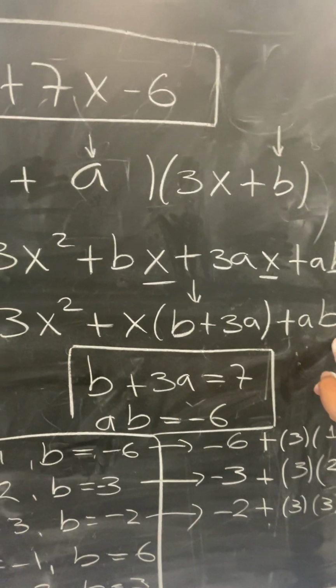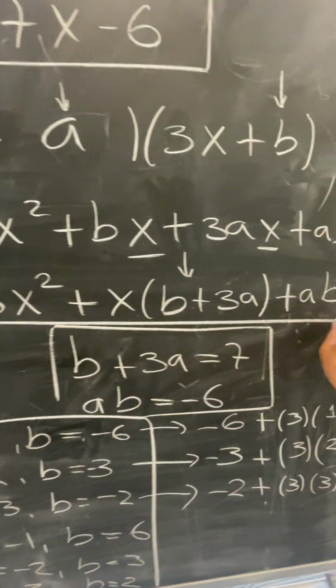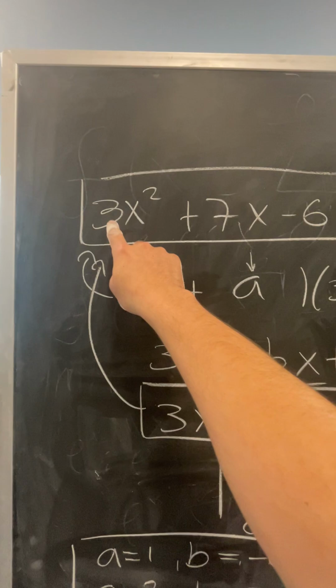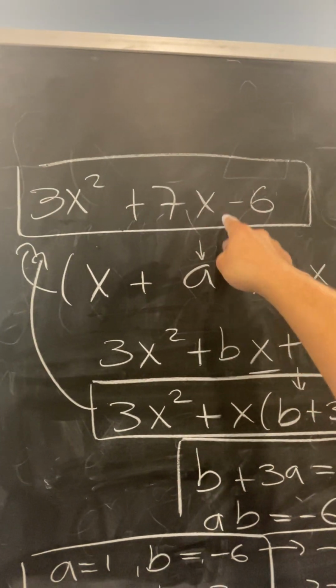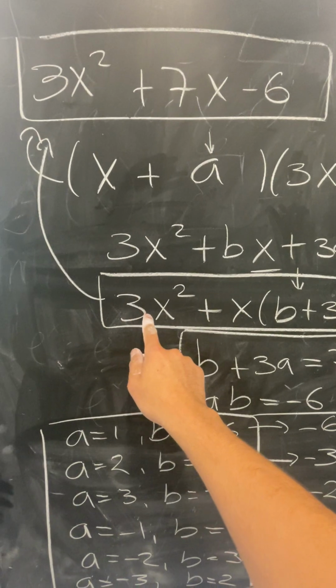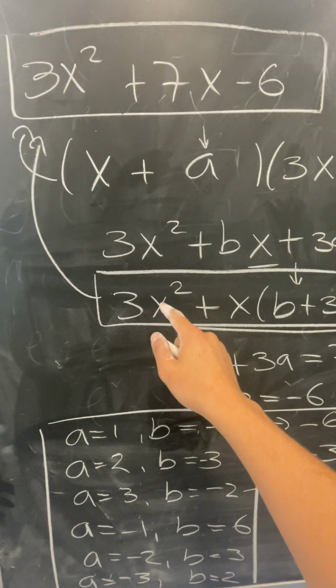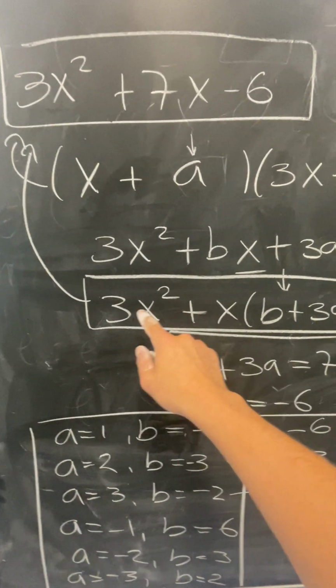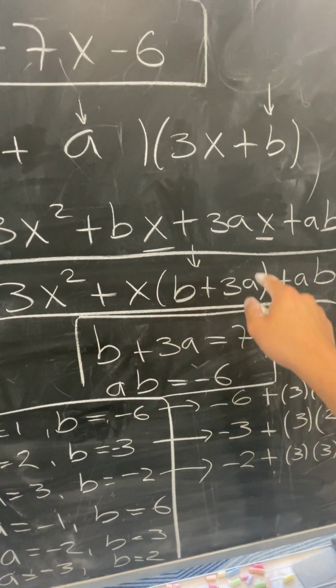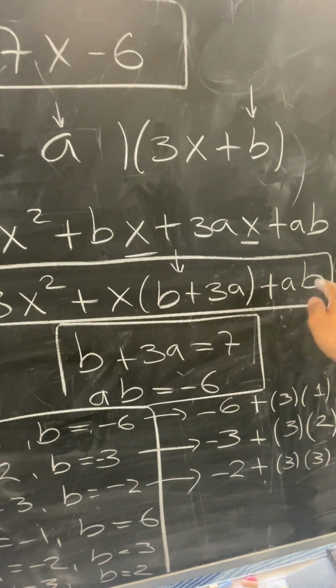Now let's go back to our original equation, which was 3x squared plus 7x minus 6. And what we have here is 3x squared plus x times (b plus 3a) plus ab.